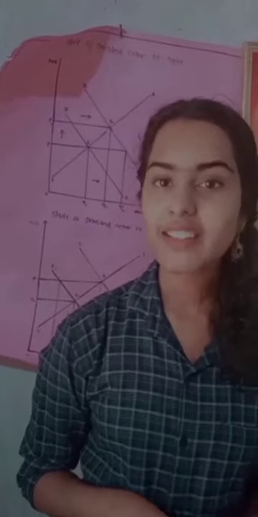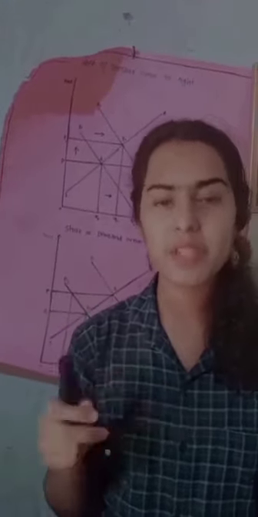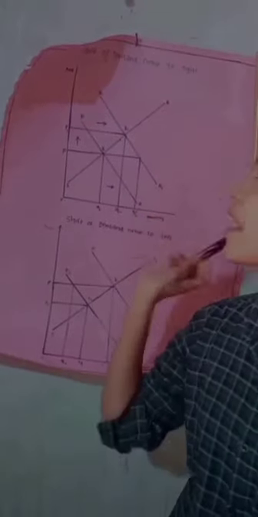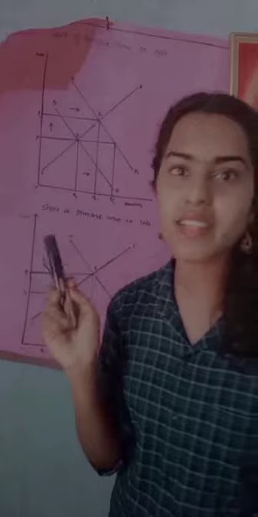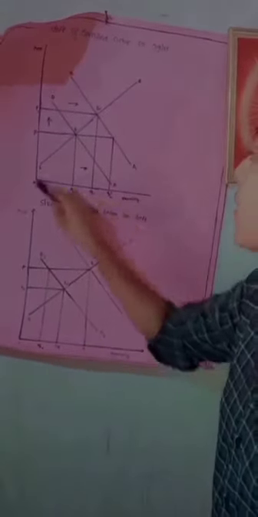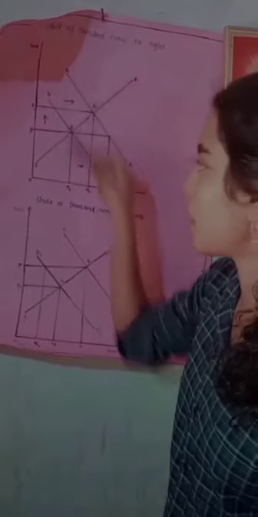Okay, now let's look at what happens when the demand curve shifts to the right. The demand curve can shift to the right, to the left, and sometimes simultaneously with the supply curve. This is the diagrammatic representation of the demand curve shifting to the right. The x-axis represents the quantity and the y-axis represents the price.